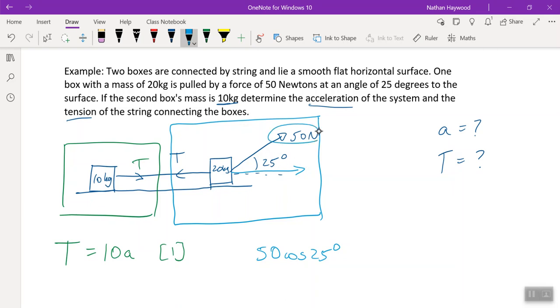Yep, we're splitting this force into the x component, very good. So it's positive, and then we are minusing T, and that equals the resultant force, which is the mass times the acceleration. Okay?